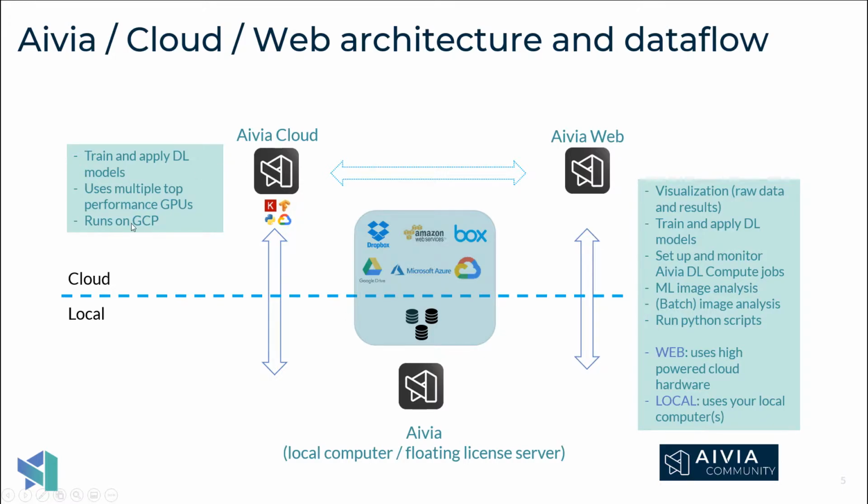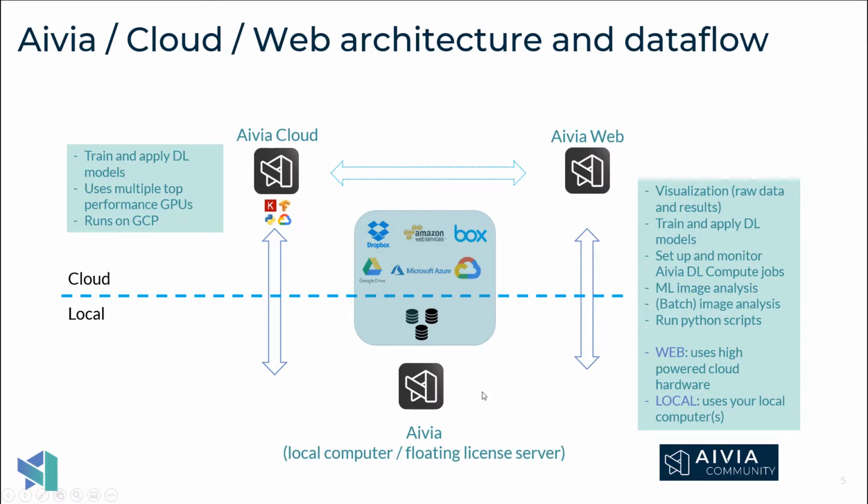Right now it's set up for the Google Cloud platform, and it will spin up instances and start jobs and run the training job or the apply job, and then spin them down and turn everything off. So that's all controlled from within Aivia, but the tasks are sent to Aivia Cloud over here.